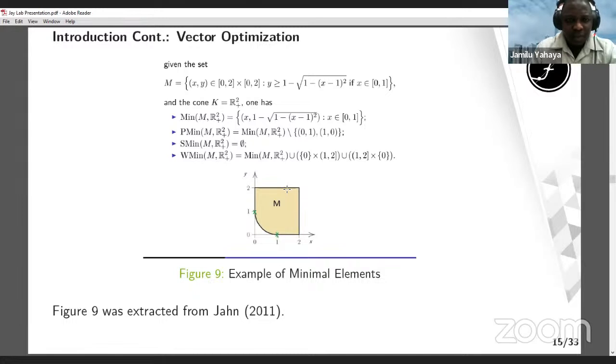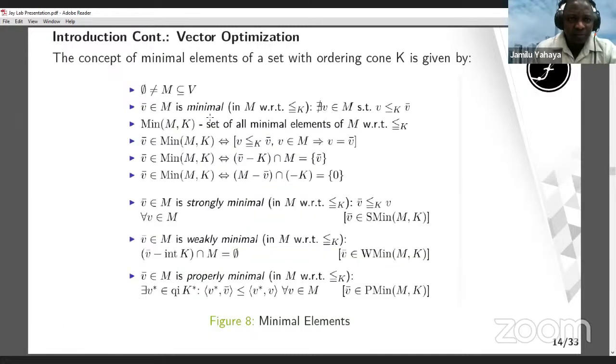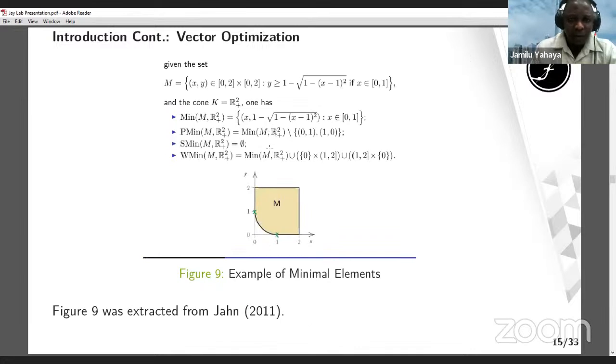This second bullet is the definition of minimal. If you look at the graph, you will notice that the minimal elements are on this particular line, just like a Pareto front. You see the green star at 1 on the Y axis and the green star at 1 on the X axis.